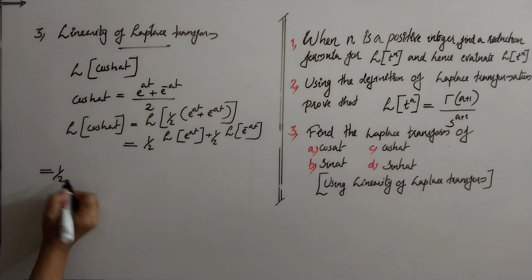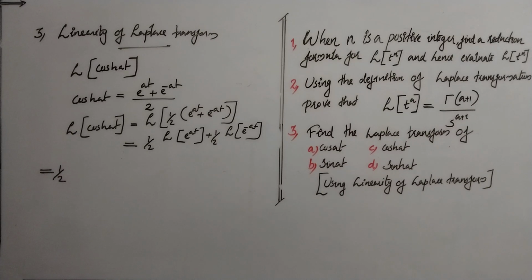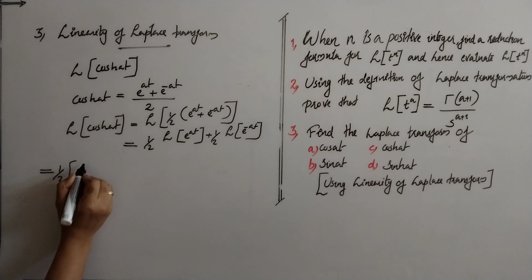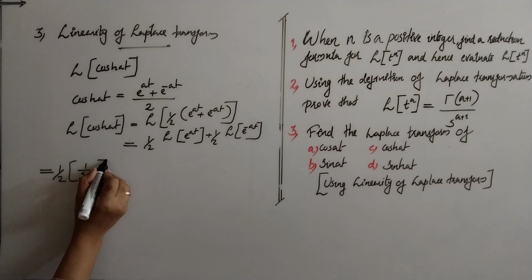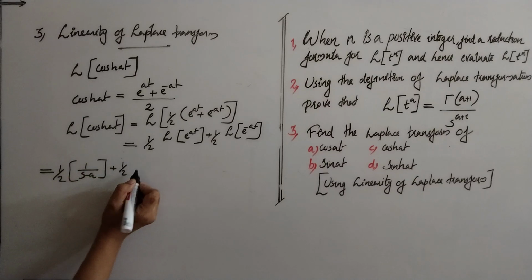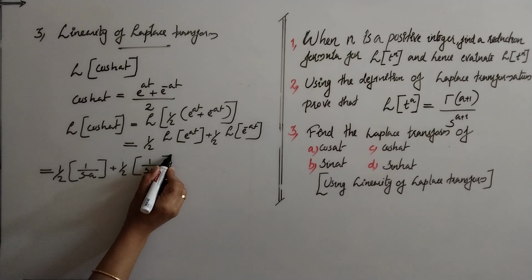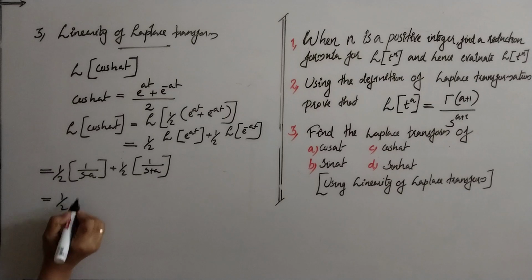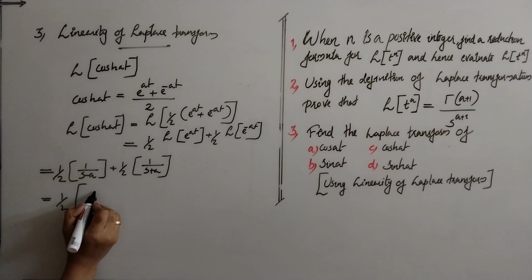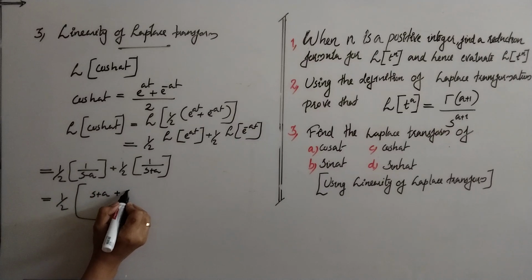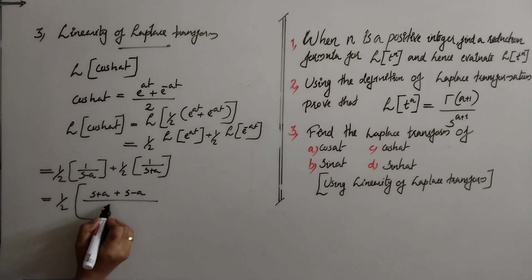That is half into Laplace transform of e raised to at is what? 1 by s minus a, plus 1 by 2 into Laplace transform of e raised to minus at is 1 by s plus a. So we get half into cross multiplying each other, s plus a plus s minus a divided by s minus a into s plus a, that is s square minus a square, a minus b into a plus b form.